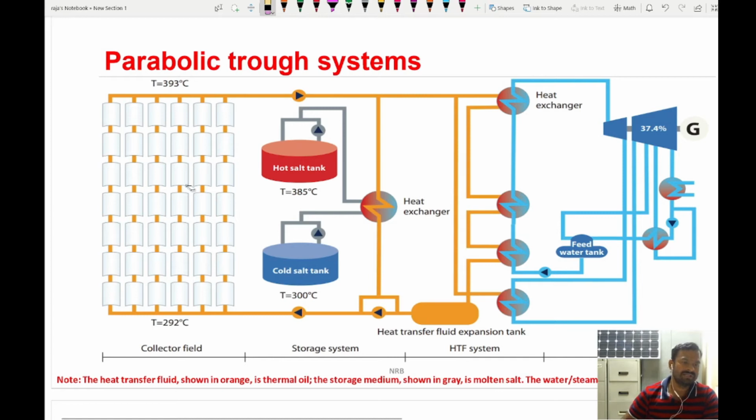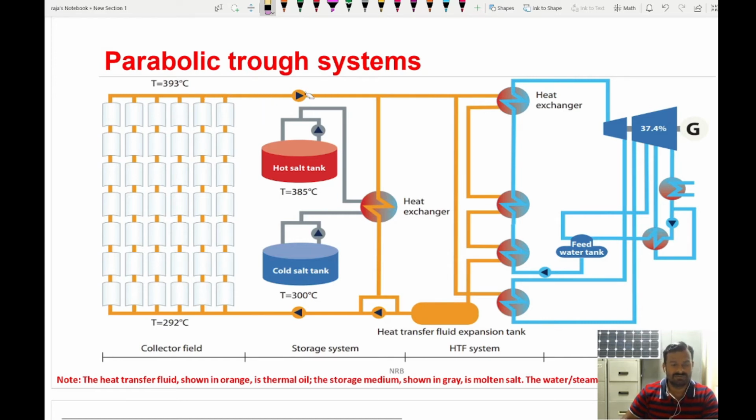So when the sunlight is available, these reflectors absorb the heat energy and reflect it over the tube which carries the heat transfer fluid. Mostly the heat transfer fluid will be oil.